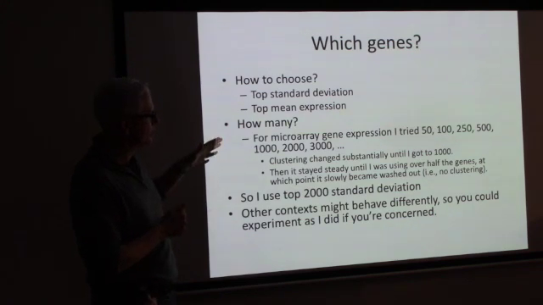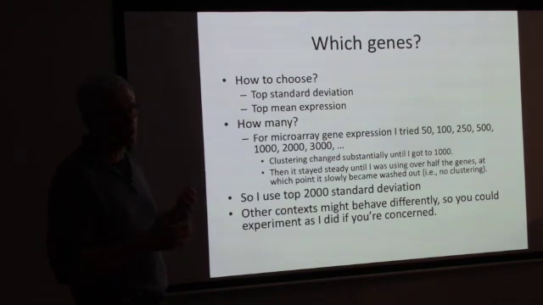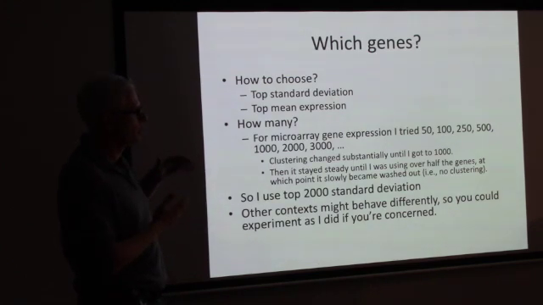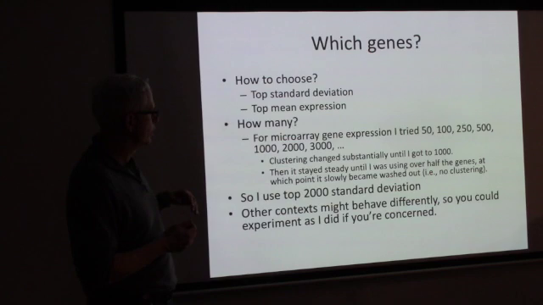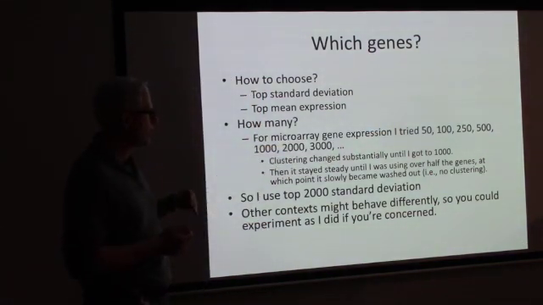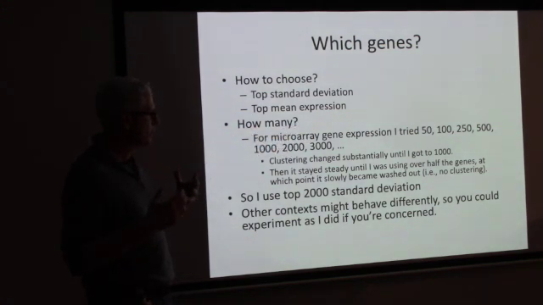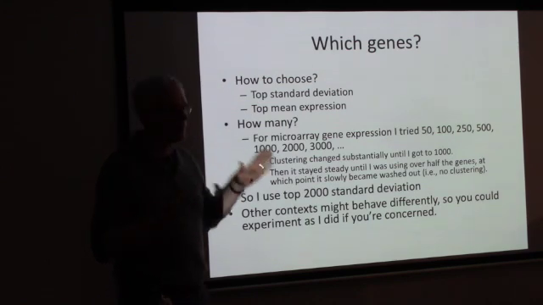Okay, how many? Well, back in the days of microarray gene expression studies, I would try various numbers of genes. What I found was that the clustering significantly changed as I went from 50 to 100 and so on, until I got to about 1,000.